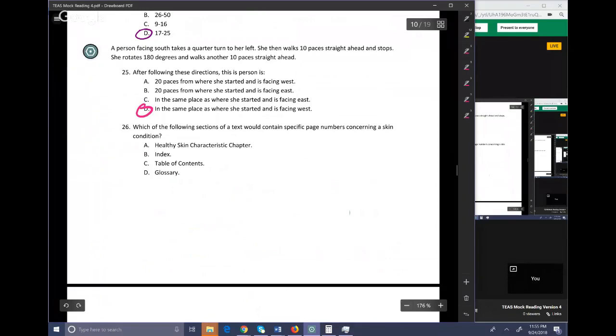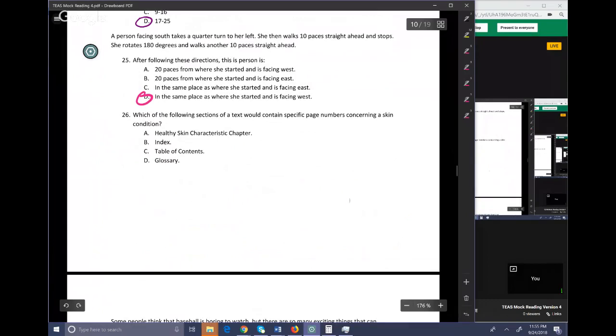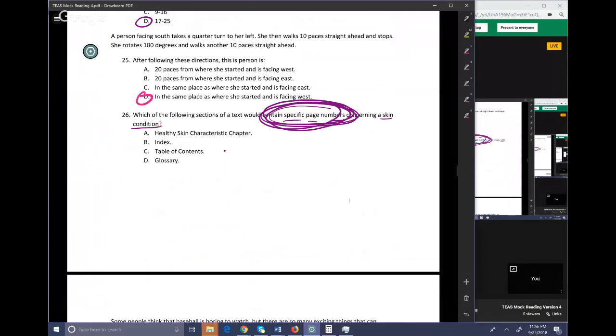Go back to my regular pen. Which of the following sections of a text would contain specific page numbers concerning a skin condition? Anytime you see specific page numbers where you can look up the name of something and find out what page it's on, that is always an index.